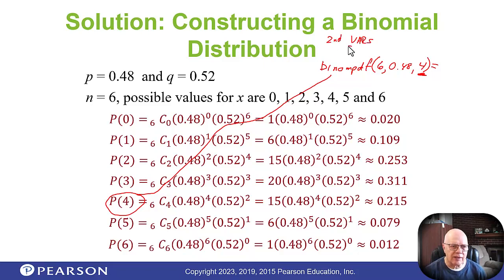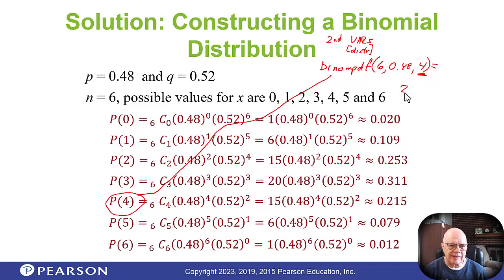Notice this represents the distribution menu. And you have to go way down to get binomial PDF, but you'll get familiar with that. In fact, I'll give you a hint.